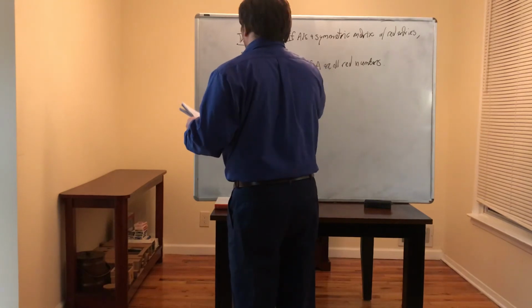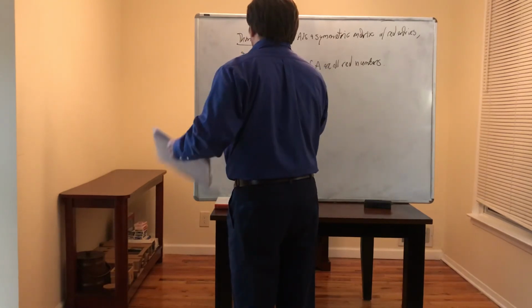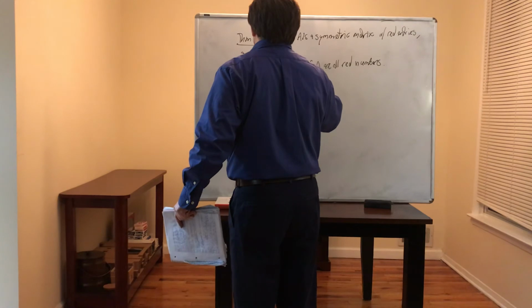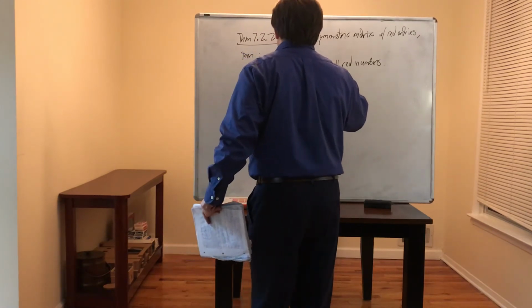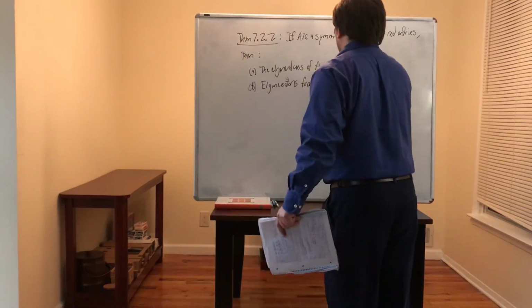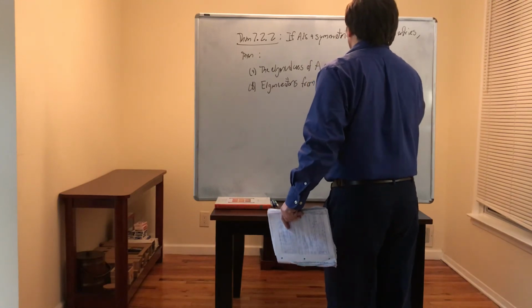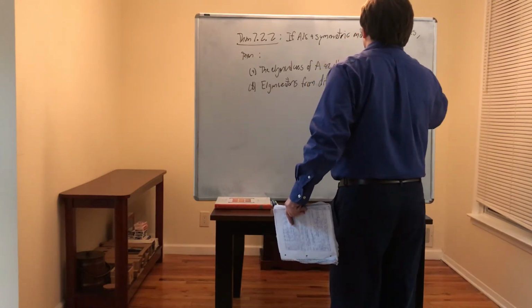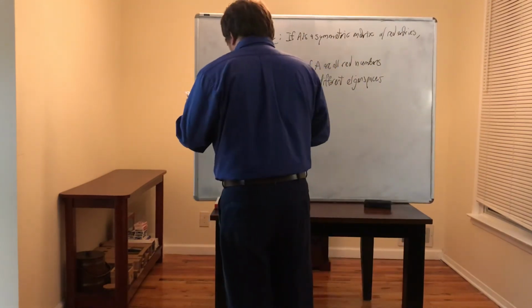And B: the eigenvectors from different eigenspaces are orthogonal.